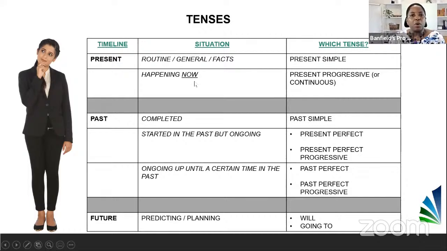However, if we're talking about what we're doing now, then we use another form called the present progressive. So right now, I am talking to you about tense forms and why they're important so that your meaning is clear and accurate, okay?